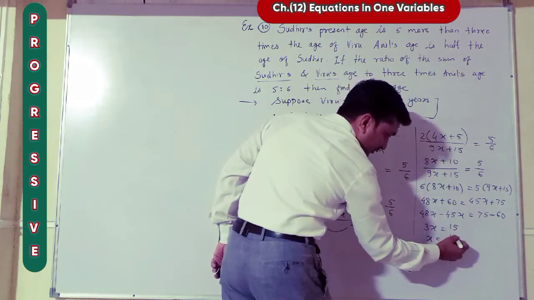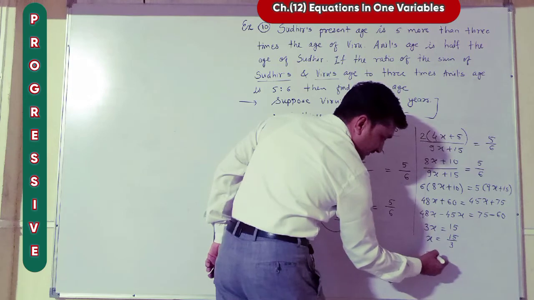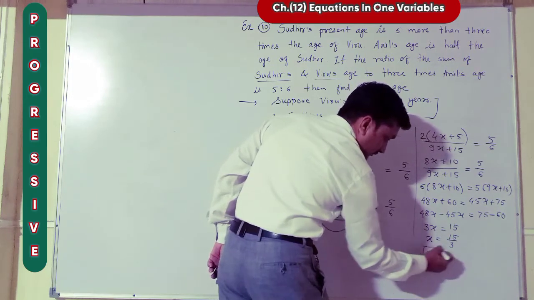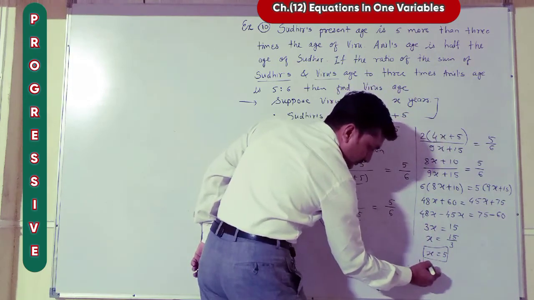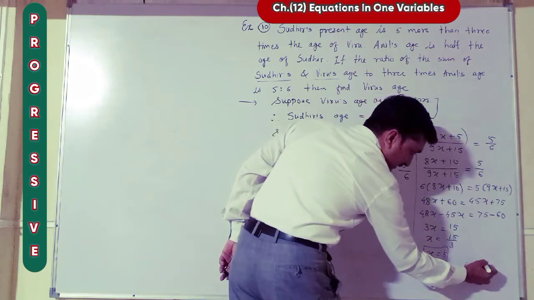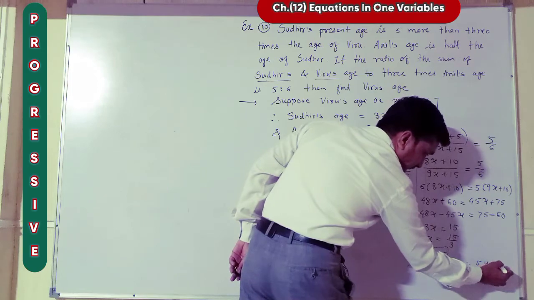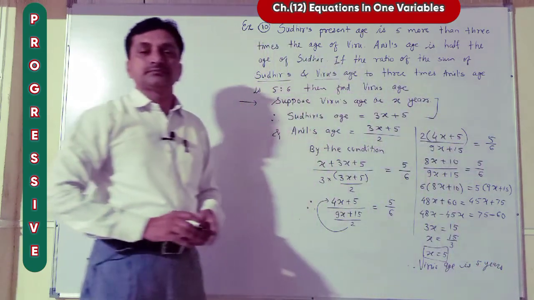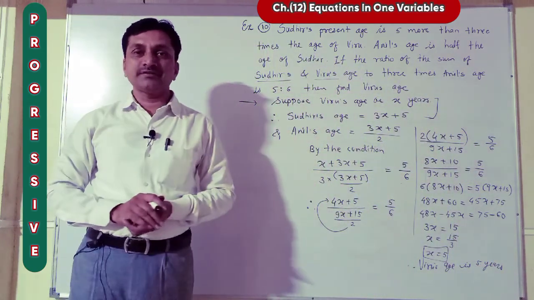X is equal to 15 upon 3. X is equal to 5. Therefore Viru's age is 5 years. Now with this example, practice set is completed.